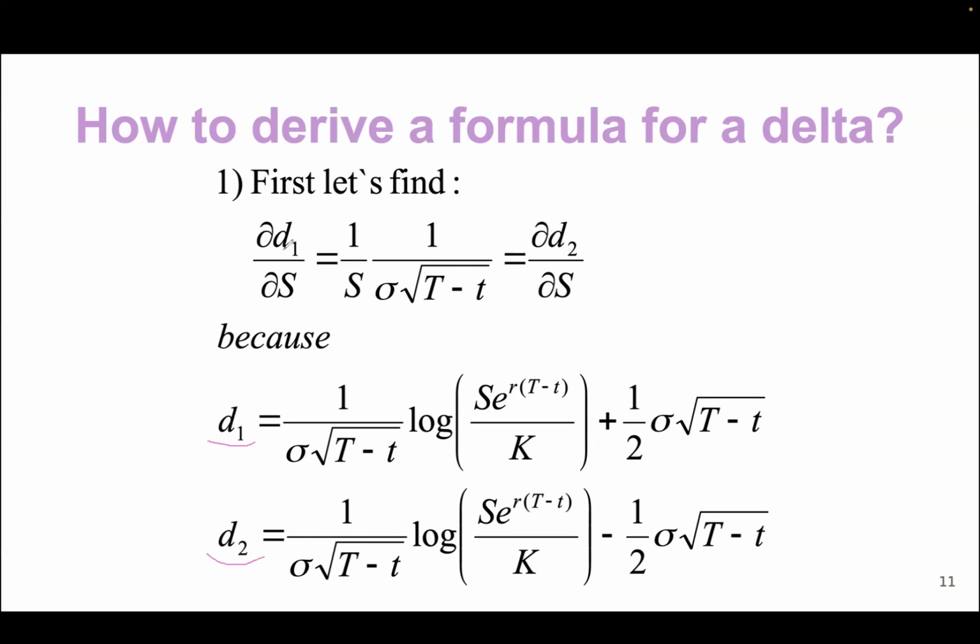First, we need to compute the derivatives of d1 with respect to S. You see that there is the first term and the second term, and we need to compute this derivative.